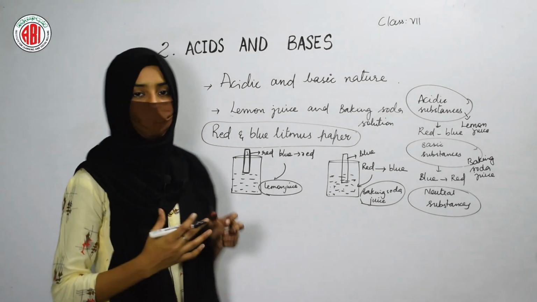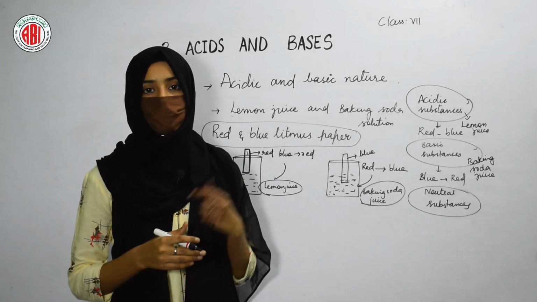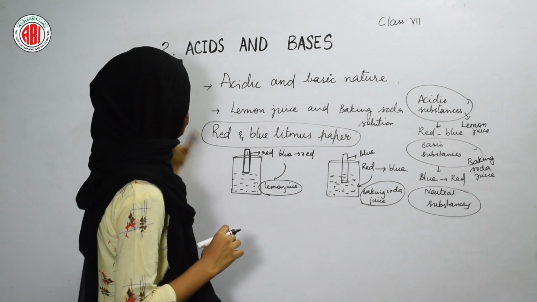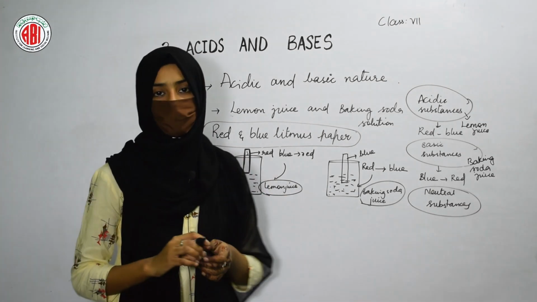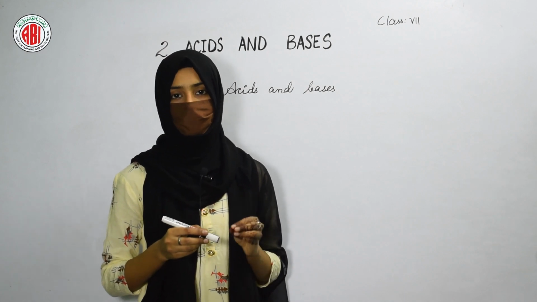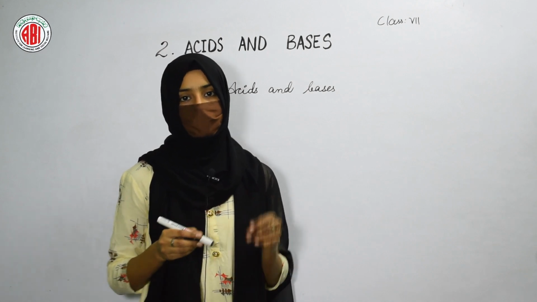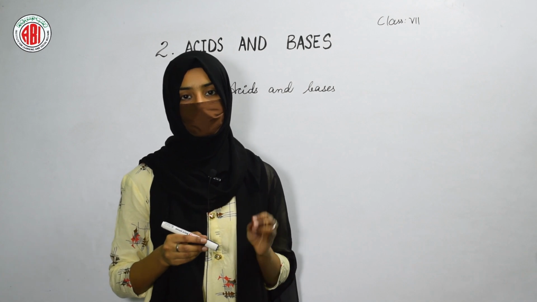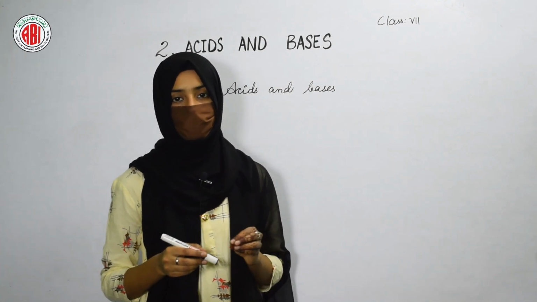In such a way, we can find out the nature of the different substances with the help of red litmus paper and blue litmus paper. So we know that the nature of the substances can be identified, or tested, by using the natural indicators as well as by using the red and blue litmus papers.